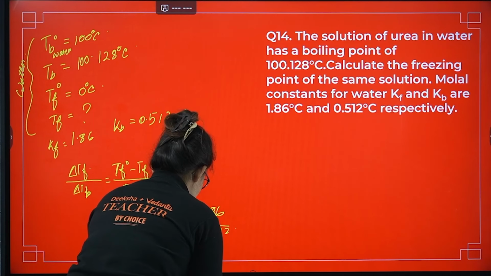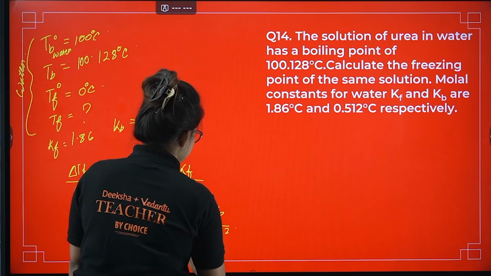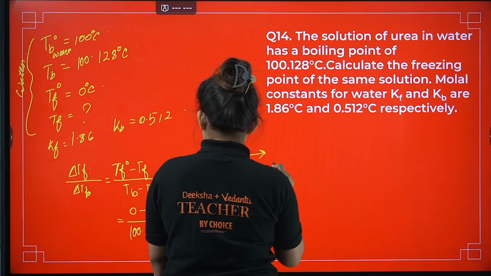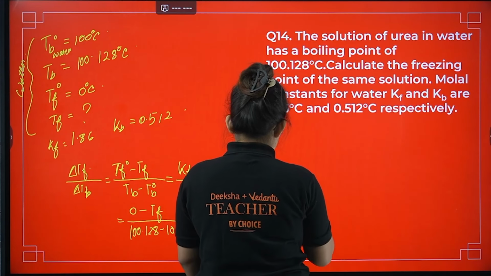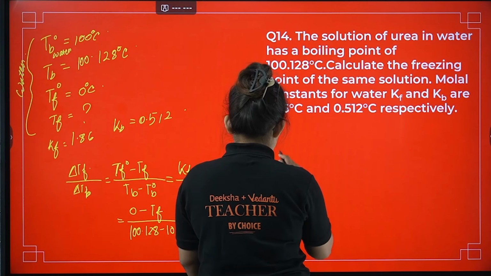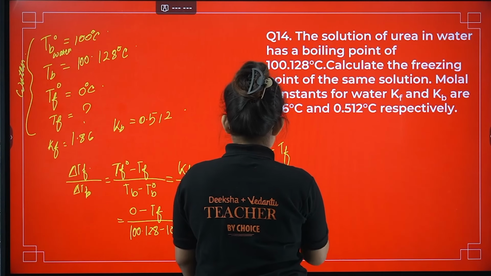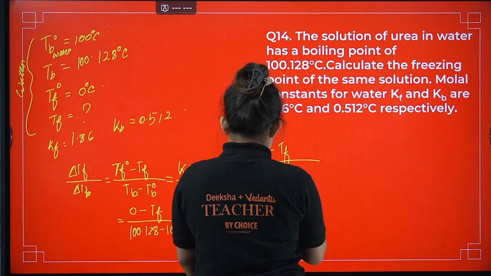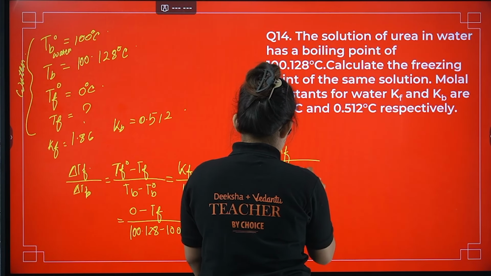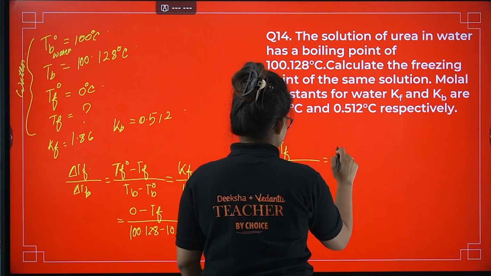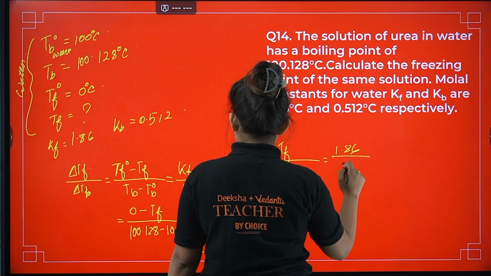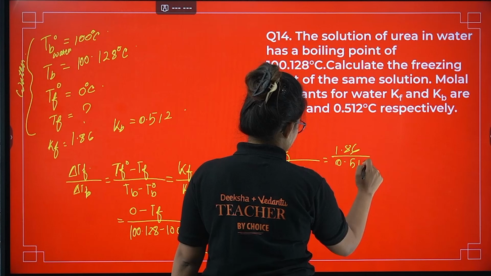Let me just go ahead with the calculation. Minus Tf divided by 0.128 is equal to 1.86 divided by 0.512.